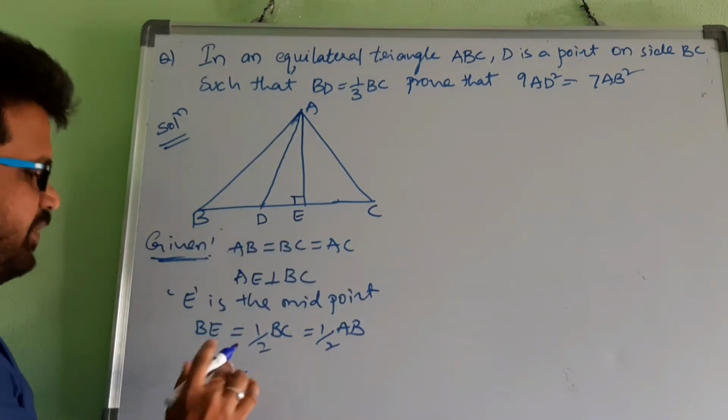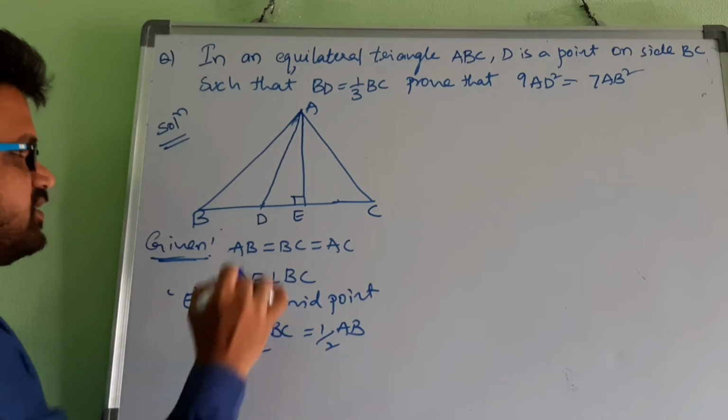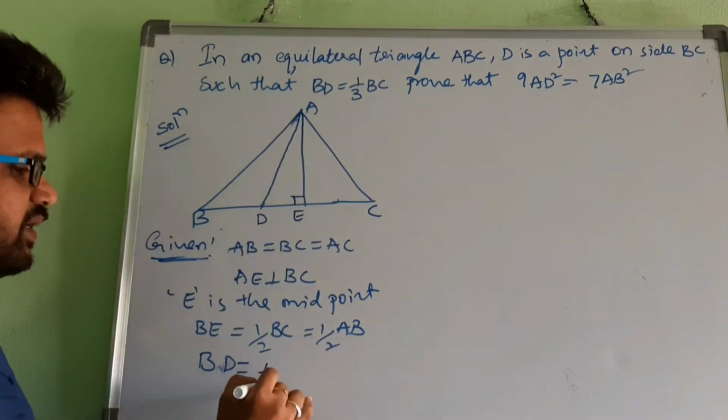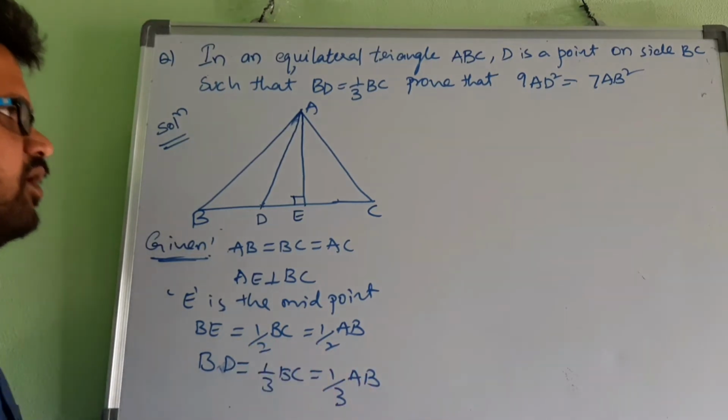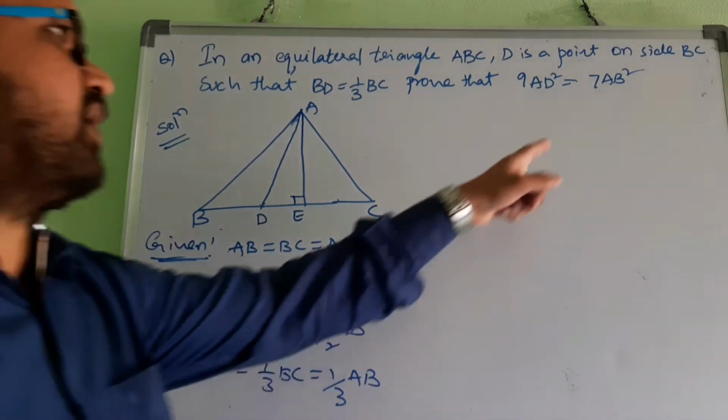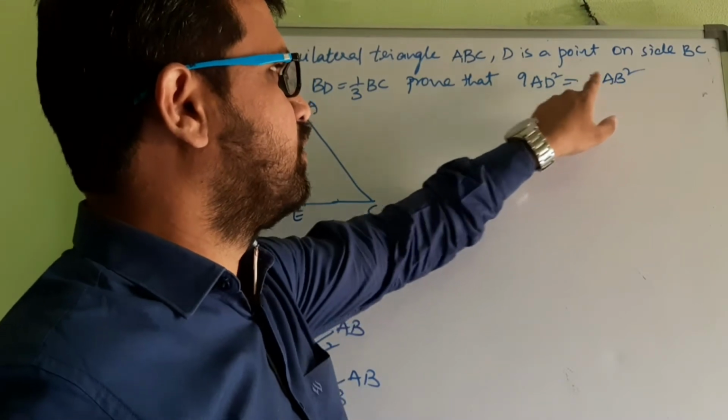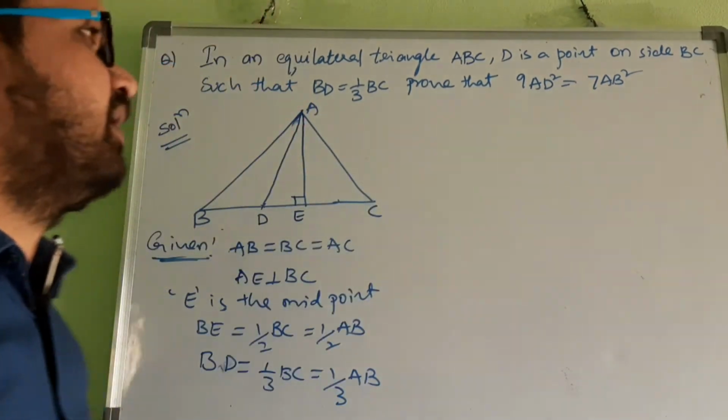Given that BD is equal to 1 by 3 BC, which is 1 by 3 AB. We are writing everything in terms of AB, because we have to write in terms of AD and AB.